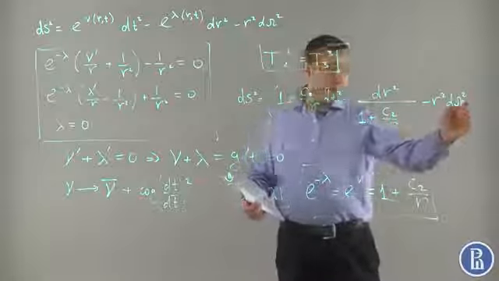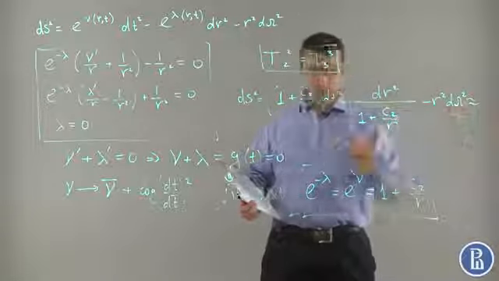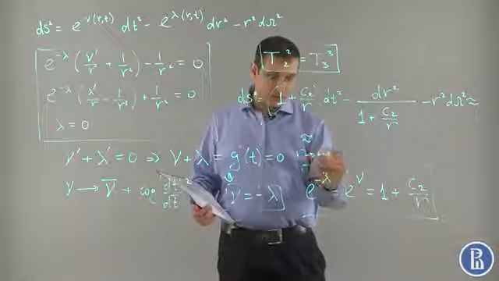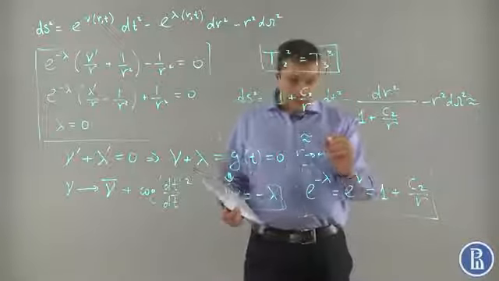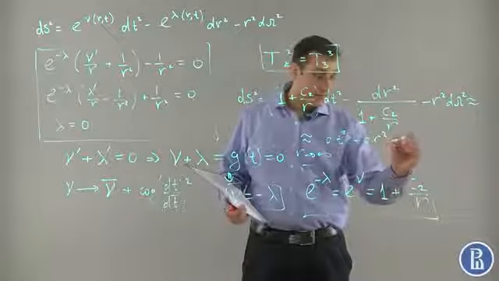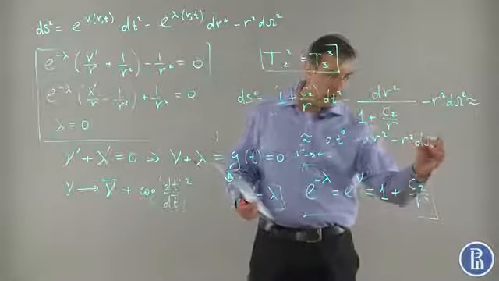And if we take the limit r goes to infinity, this metric is approximated, and it goes again to the flat metric, dt squared minus dr squared minus r squared d omega squared.